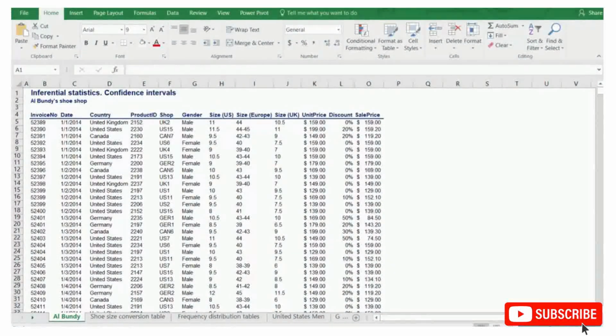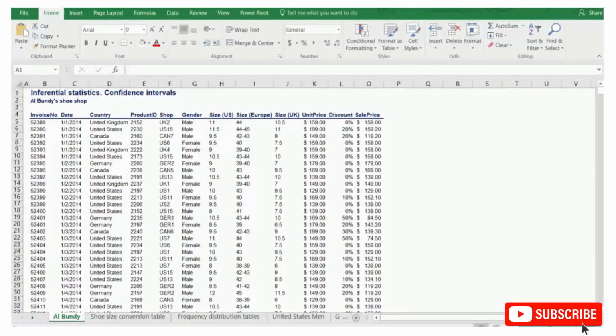We can see a database with the sales information about Al Bundy's shop for the years from 2014 to 2016. There's invoice number, date, country, product ID, and shop, which depends on the country. The cell gender indicates if the product is designed for men or women, as shoes differ greatly depending on gender.